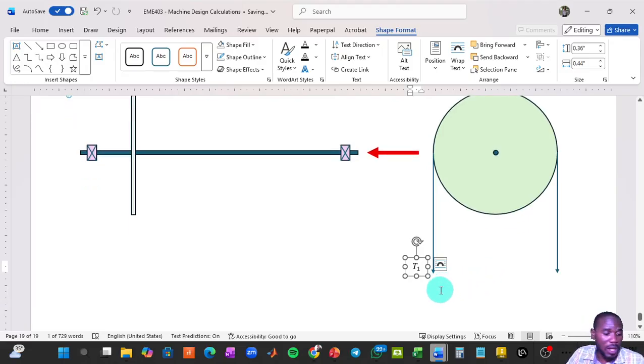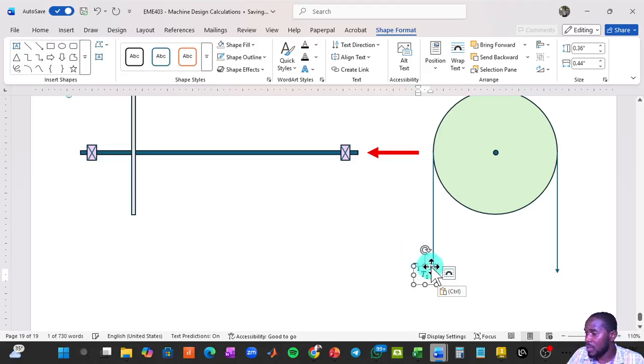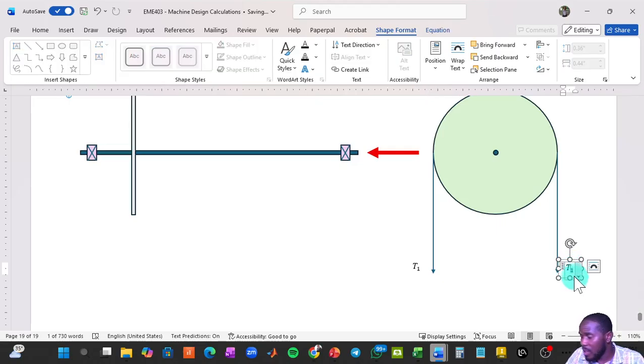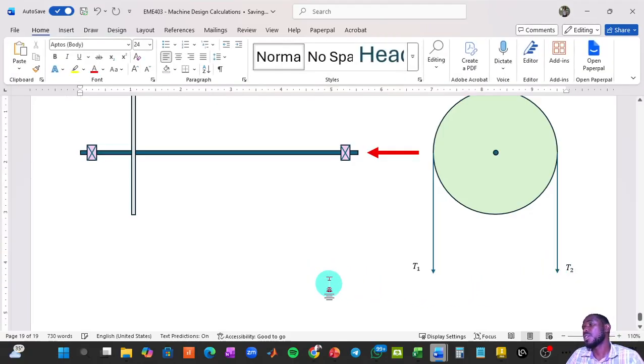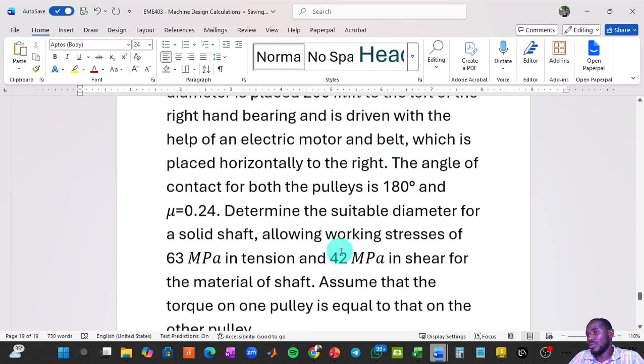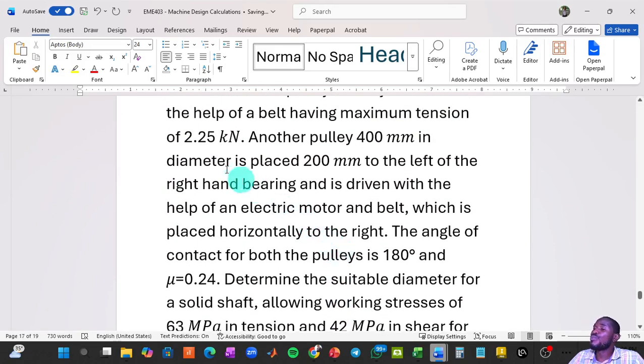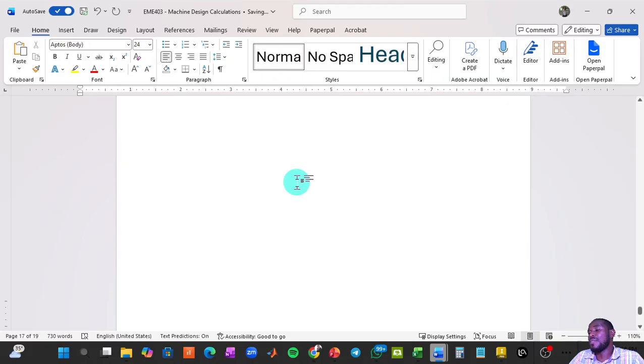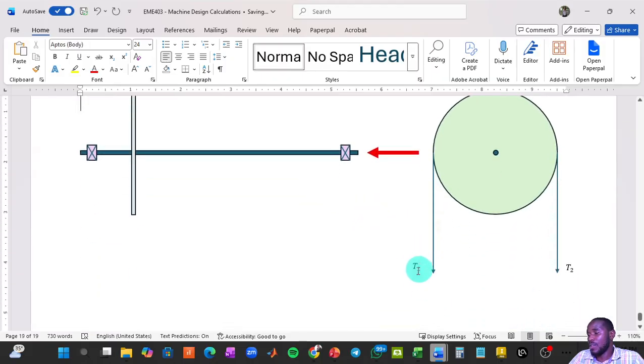I'm going to copy that and paste this, and this here will be the second tension. The question tells us that the tight side has a tension of 2.25 kilonewtons. Usually we take T1, the first tension, to be the tension of the tight side. So this tension here is 2.25 kilonewtons.